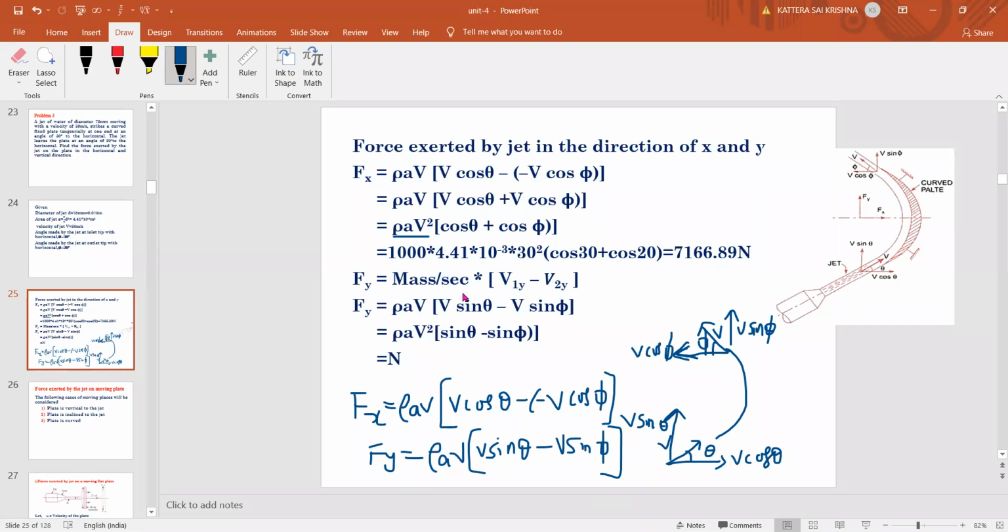Both V are common. If you take it out, you get rho A V square (sine theta minus sine phi).